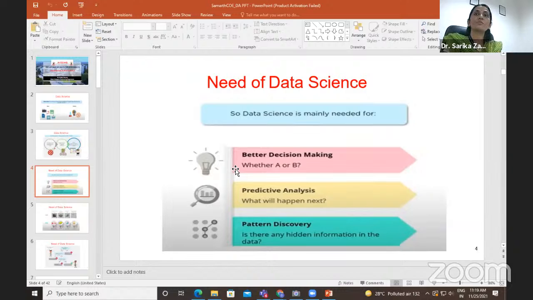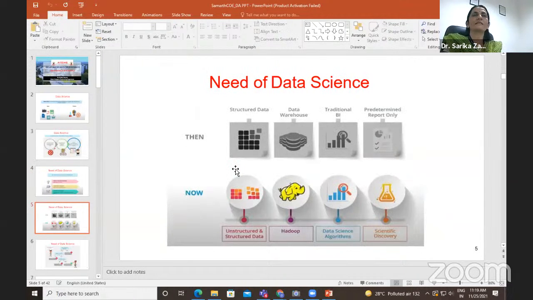You can observe that lots of your queries get cleared because of data science. Instead of going to the store and physically observing that product and taking a decision, you can check what the review for this is, what the comment for this is. Based on that, you can decide. That is the use of data science.